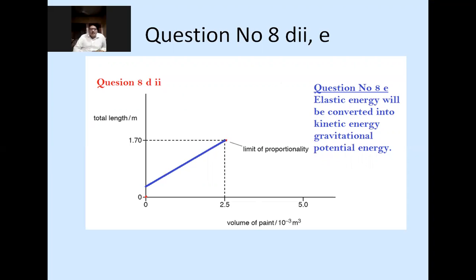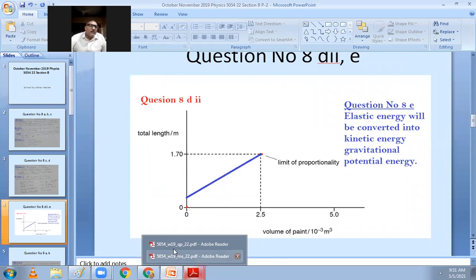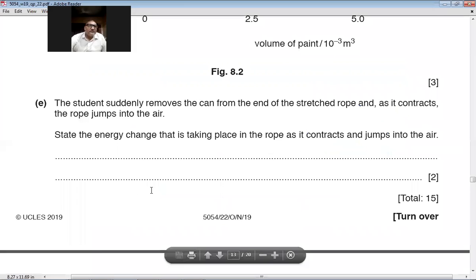So many students will fall for this mistake, because we are preoccupied with the extension-load graph. On the y-axis, if I have extension, then at 0 load there is 0 extension. But here we don't have extension, here we have the length. So remember this difference. Okay. So we are moving to the next part. Next part is question number 9.